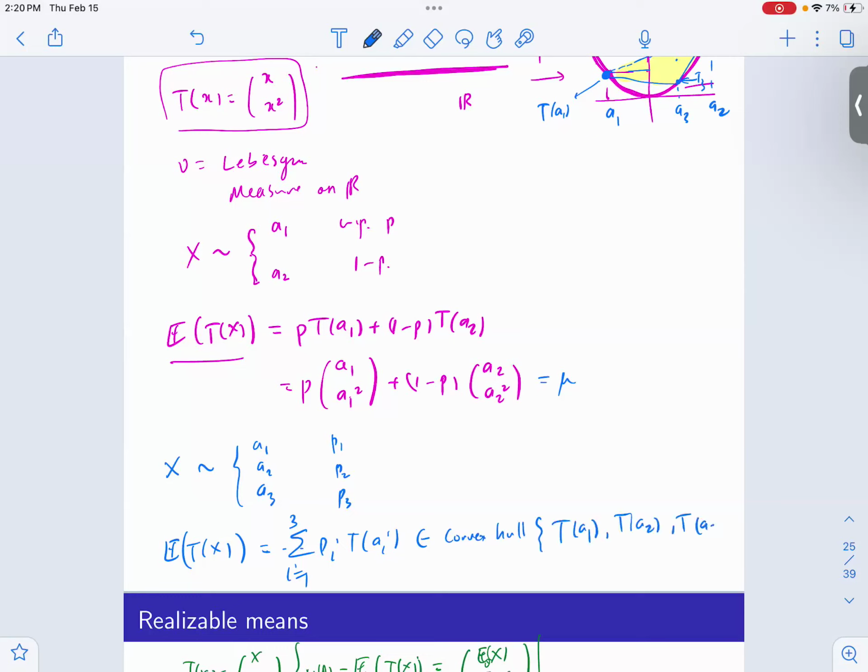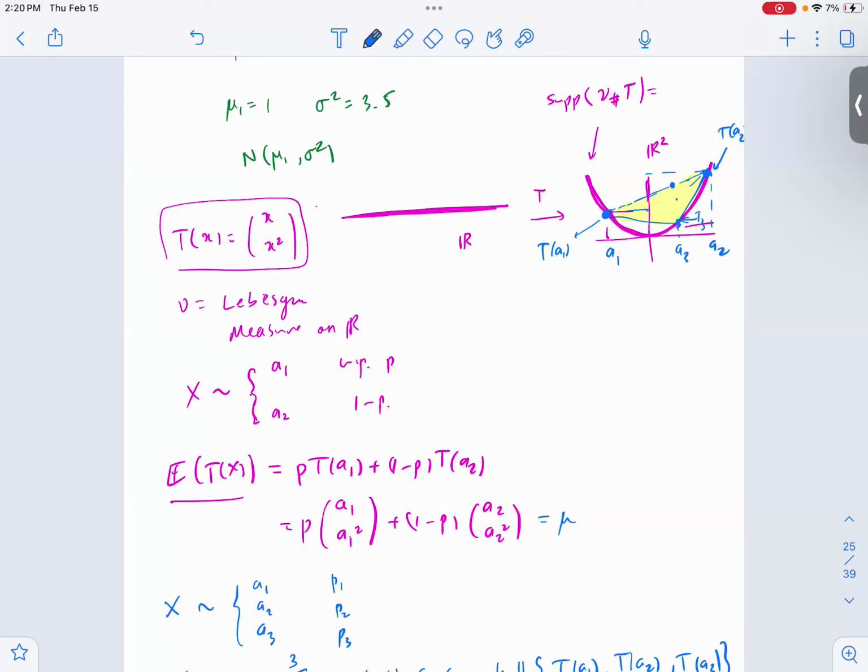As I vary these probabilities, I carve out all the points in the convex hull. So it would be putting different masses here, and then it pulls the mean towards one of these or into the middle. You can imagine the mean would be a convex combination in between. If you haven't seen this, this is a very geometric, interesting idea. Sounds good? Yes.